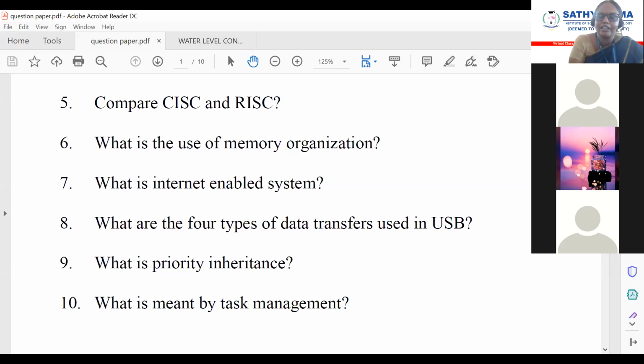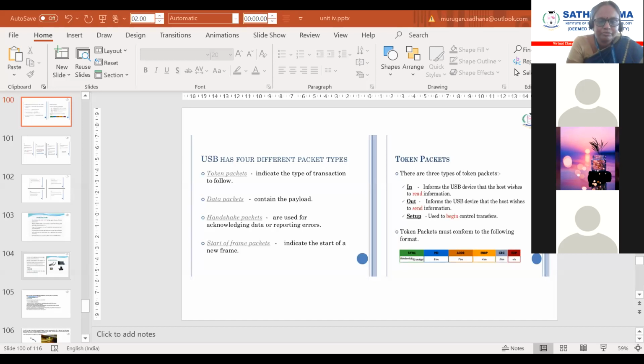Then, what are the four types of data transfers used in USB? Token packets, data packets, handshake packets, and start of frame packets. These are the four different packet types.